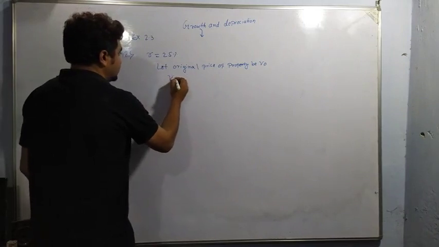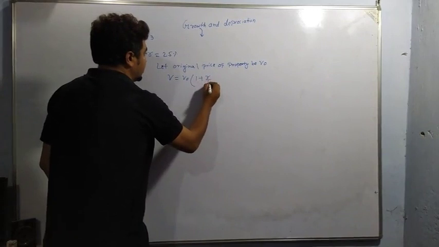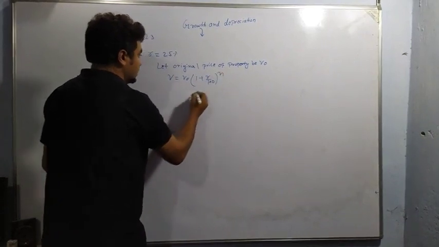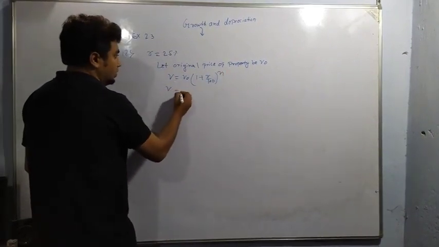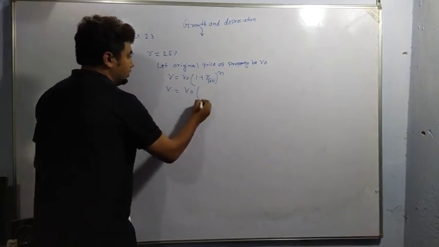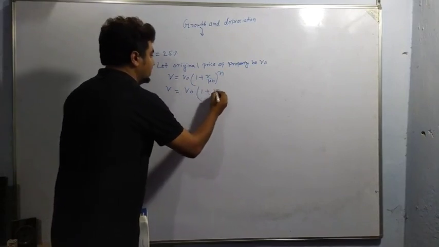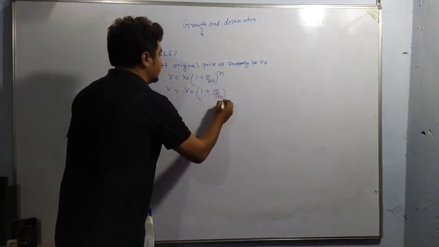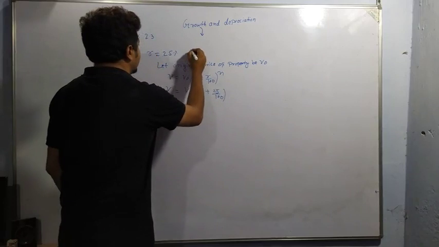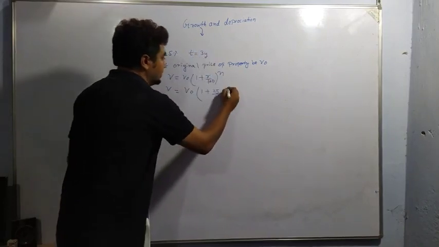So V is equal to V naught into 1 plus R by 100 to the power N. V naught we are taking as V naught only, and R is 25 by 100. And how many years is it given? After 3 years. So time is given to us as 3 years, N is equal to 3.